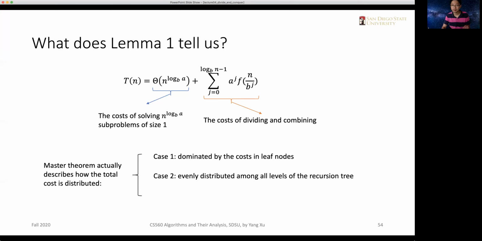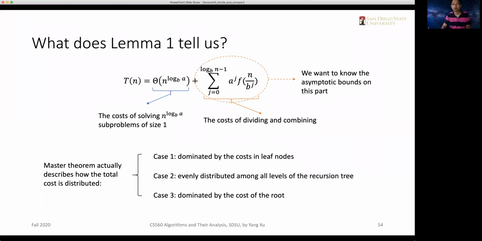Case two tells us that the cost is evenly distributed among the leaf nodes and the internal nodes. And case three is the opposite. It says the internal nodes, or the root node, is the dominant term.